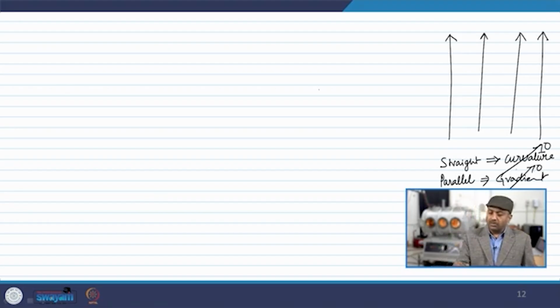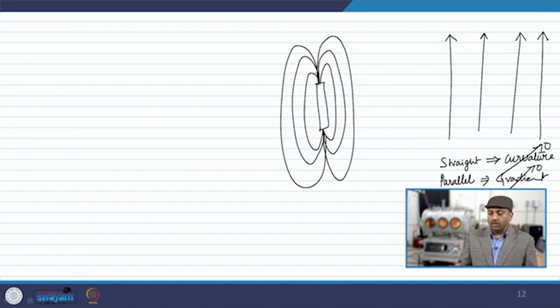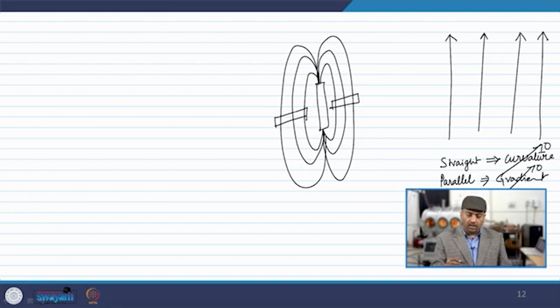Generally, if you take a bar magnet, the magnetic field lines will converge and diverge at the poles, creating something like this. We know this very well, right. You see here, the magnetic field lines are curved, of course, and they are parallel only over a very small distance, which is also imaginary, but otherwise they are always curved and non-parallel, right.